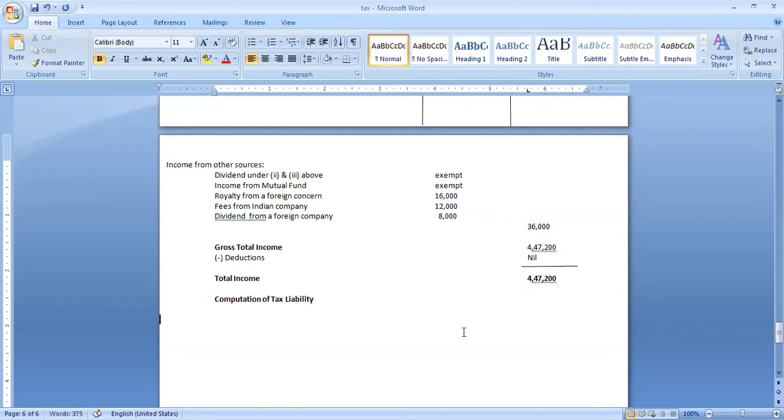See, dear friends, in our earlier classes I mentioned that a corporate assessee is liable to pay tax at a flat rate of 30%. But for an individual assessee, up to 5 lakhs 5%, 5 lakhs to 10 lakhs 10%, like that, a tax slab system is there. But for companies there is no such slab system.